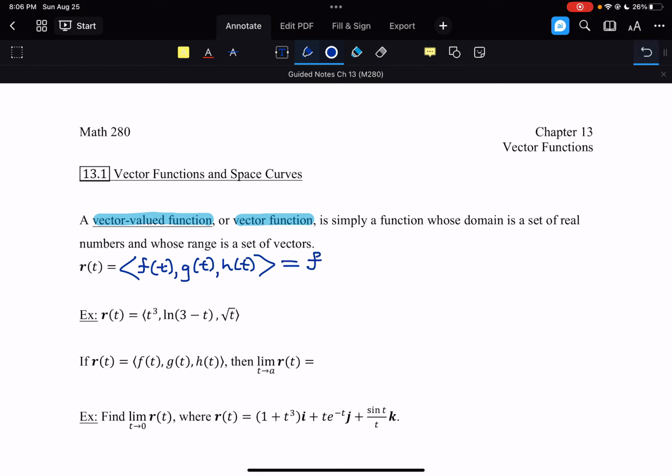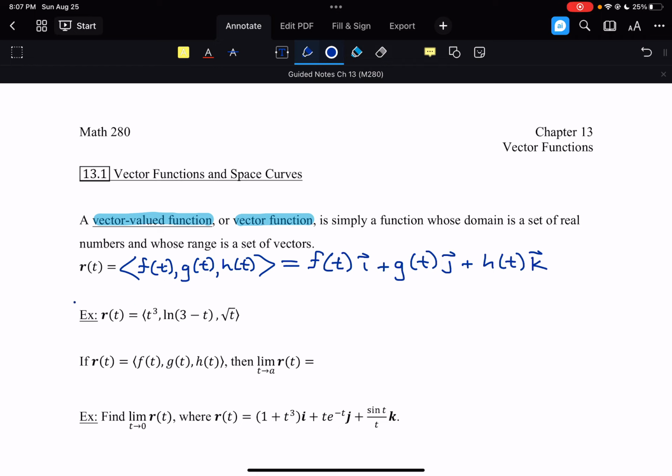Or in the standard basis form, you have f of t i plus g of t j plus h of t k. Okay, so it's a function whose domain is a set of real numbers. So you input real numbers, that's t, and the range is a set of vectors. So for every t value, every number we put in, we get out a vector, and then another, depending on how many values of t we want to check.